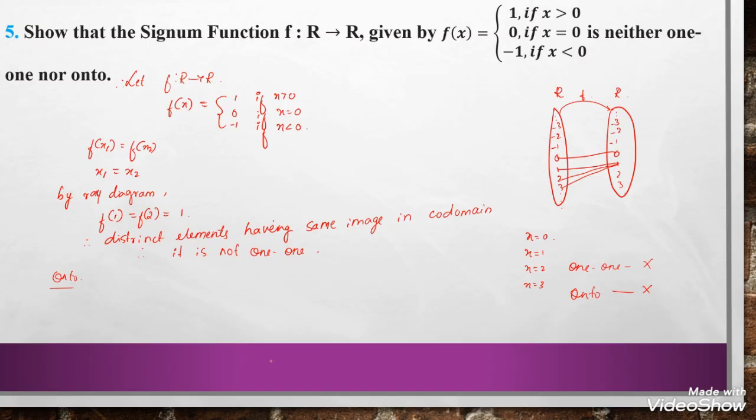Again, for the onto condition, let f of x be equal to y. Then I take x is equal to y.